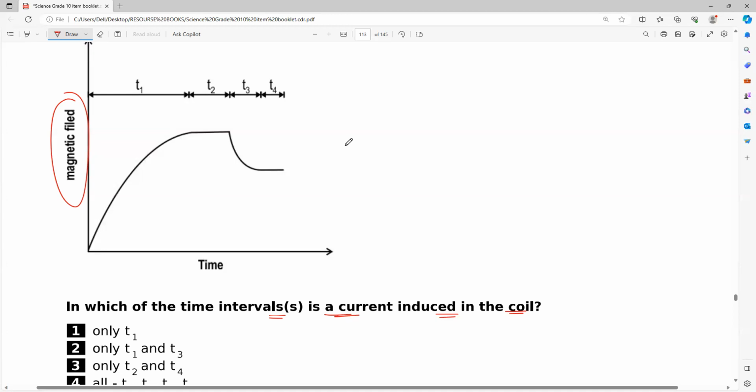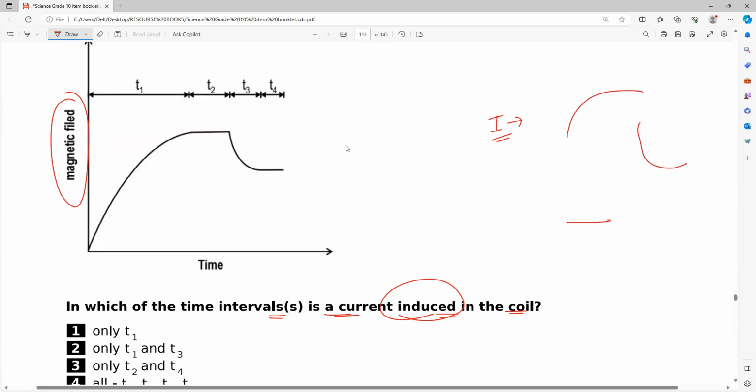Anyone? Remember, listen, everyone. This concept is deleted, induced current, so we are not having it, but I am telling you for extra knowledge. Current is generated or induced in a coil only when there is a fluctuation.